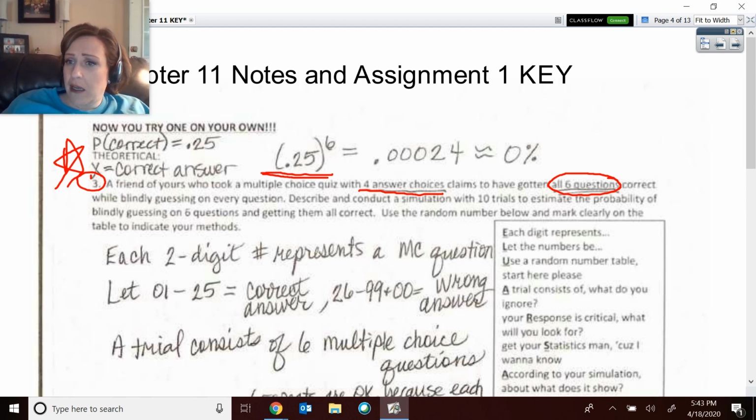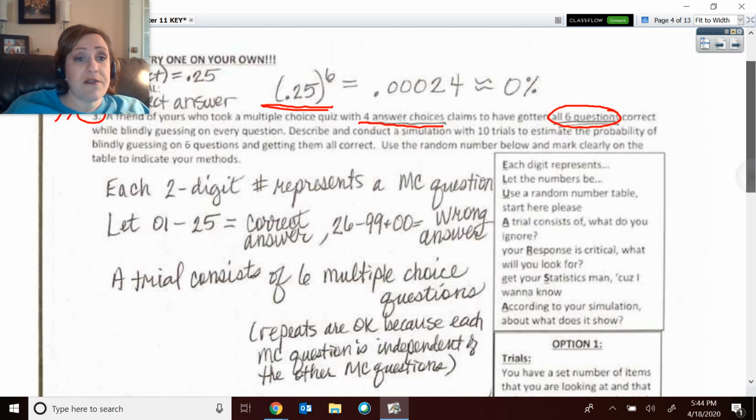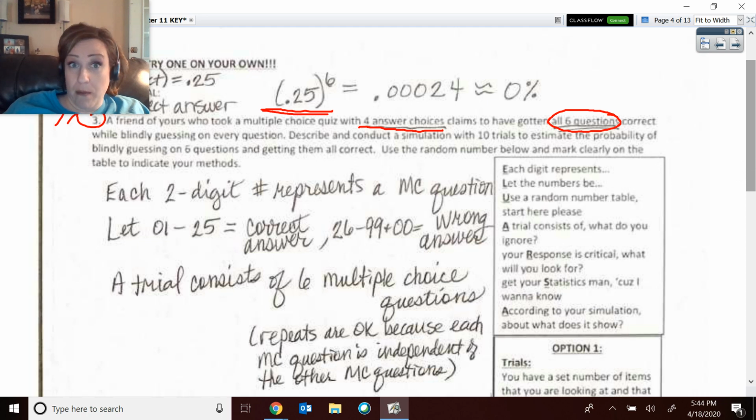So if we were to go through this simulation to simulate that probability, which theoretically comes out to be about 0%, what I would do is use 2-digit numbers because of the 25% chance, so I had to be accurate to the ones place.